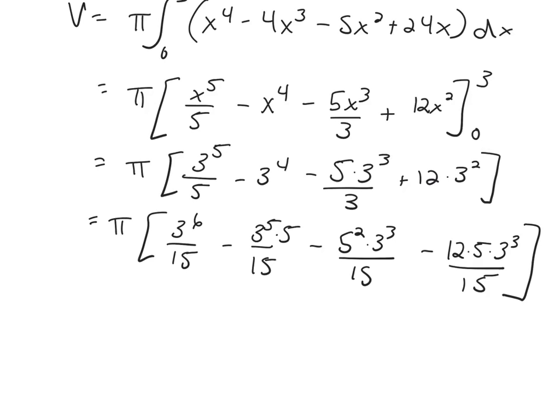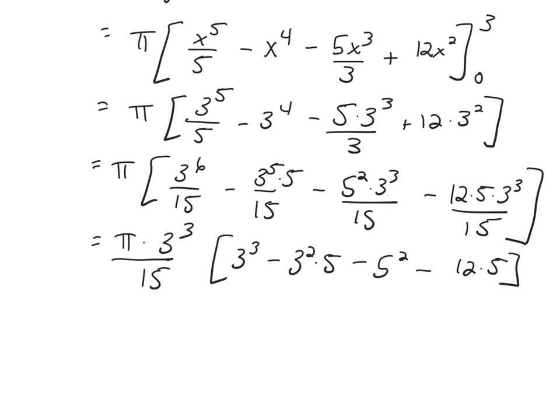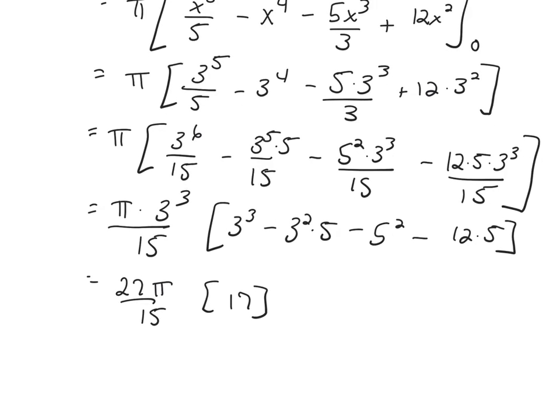So I pull out 3 cubed over 15, and you're left with 3 cubed minus 3 squared times 5, 5 squared minus 12 times 5. That makes the numbers a little bit more manageable. And if you do this, you should get 3 cubed is 27, pi over 15, and this will be 17, or 153 pi over 5.